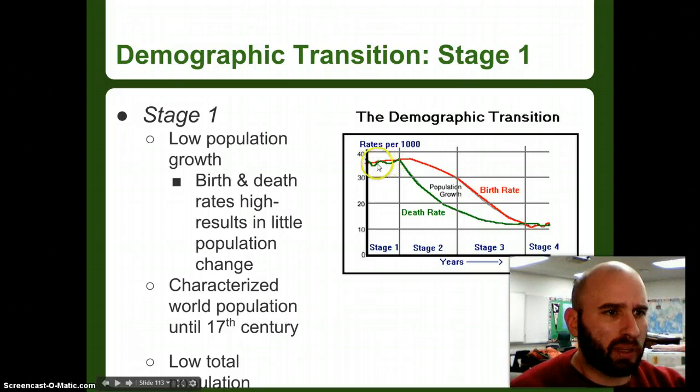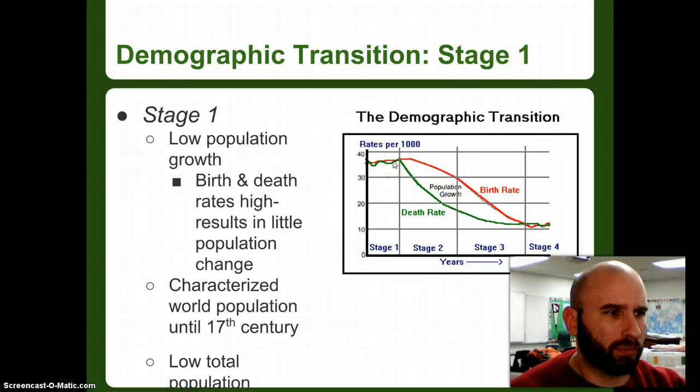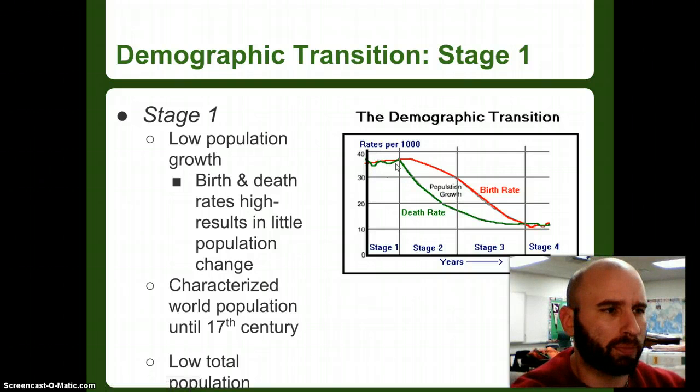This means that because we have very high death rate and very high birth rate, we have a very low population. A lot of cultures or civilizations or groups of people that are going to epitomize this are going to be more or less tribal lifestyles and tribal nations and groups of people.